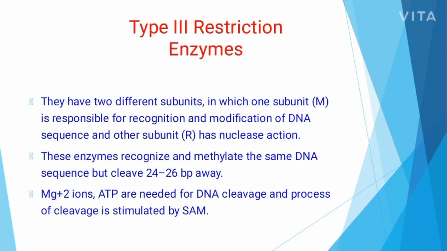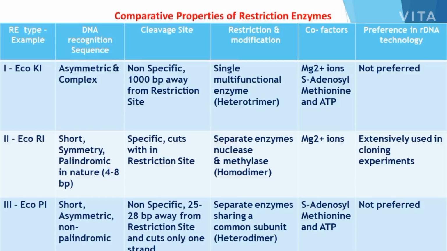They are non-specific in nature, that is they recognize certain sites but produce cuts at another site, 24 to 26 base pairs away from the restriction sites. So for this reason these are also not preferred in gene cloning experiments, and they also require high energy for cleavage.